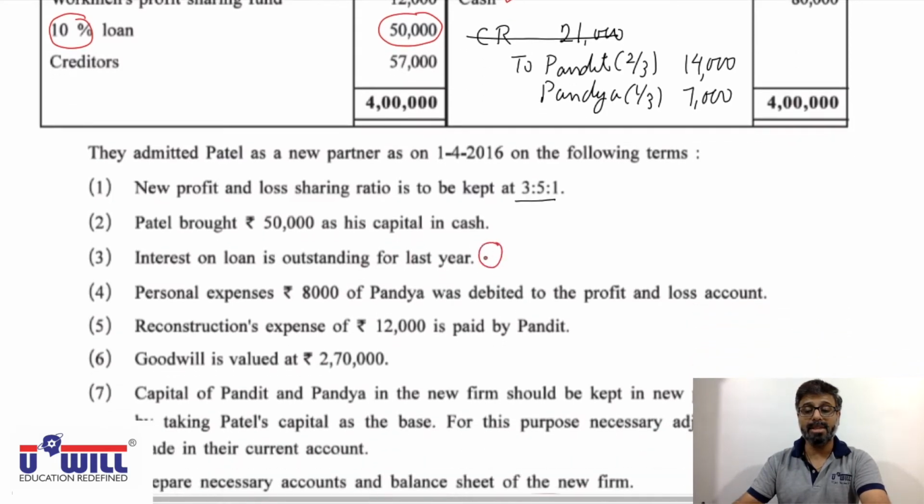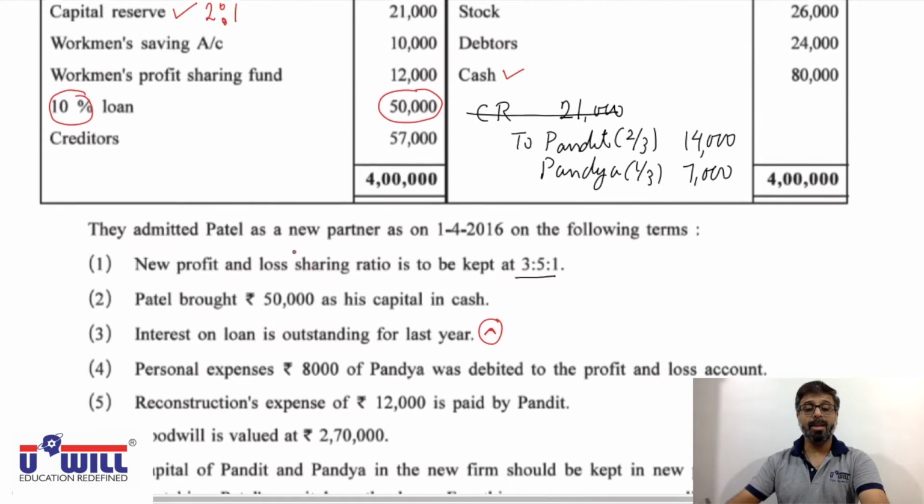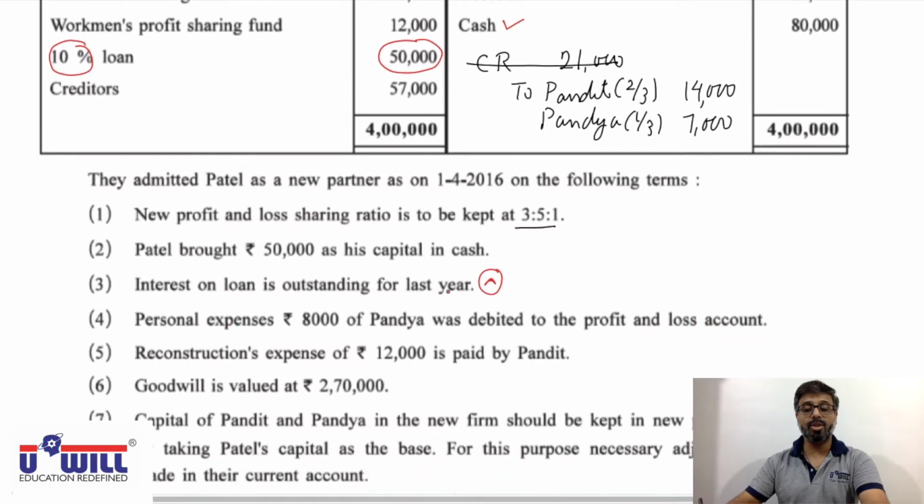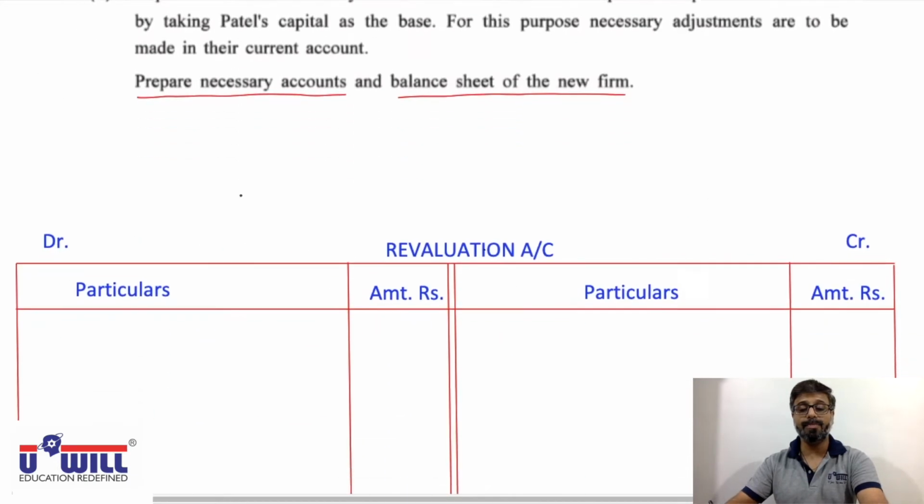So we studied this entry: revaluation account debit to outstanding interest on loan account. What amount? 50,000, 10%, 5,000. We are sad because the interest on loan is outstanding, so it's a loss, an expense for the business.